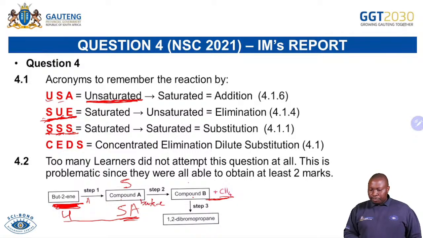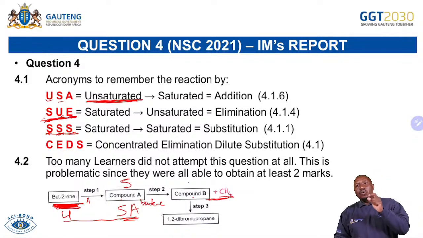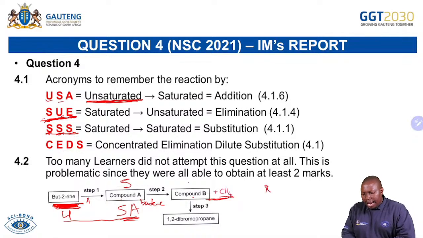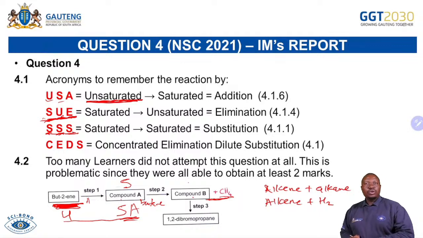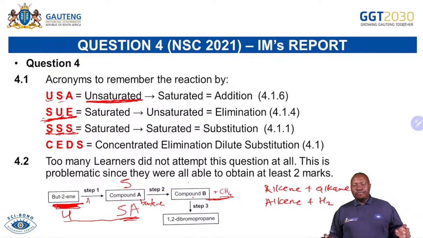So meaning that here we had butane, and the butane now undergoing cracking. Remember, under cracking, we are saying you will form an alkene plus alkane, or you'll form alkene plus H2. So those are the products for cracking.